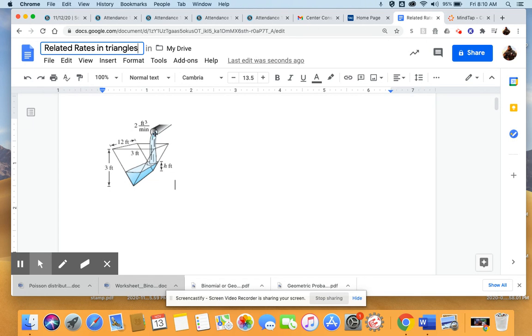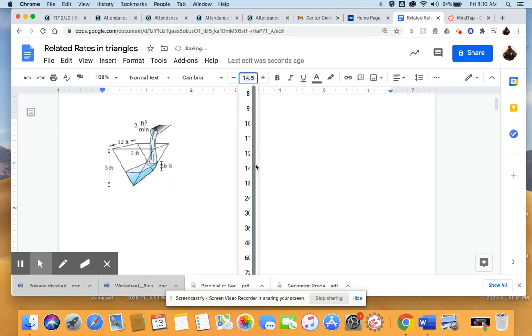This 2 feet cubed per minute is very important to us. It's the first thing that tells us, the picture does as well, but feet cubed per minute, the fact that we're given a cubic unit, tells us we're going to have to deal with the volume of this shape. And that is important to us because we need to know what equation we're going to be writing.